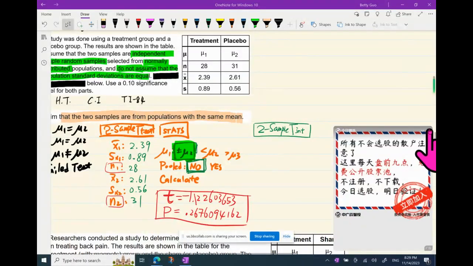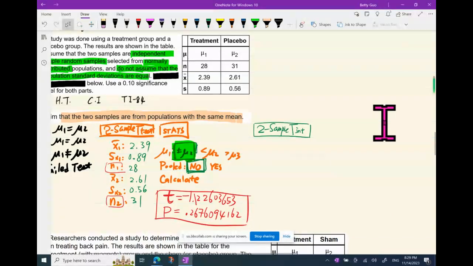That's what we're going to use for the confidence interval method. Let's select that two sample t interval, and let it stay as stats, right? There are two options, data and stats. We are on stats because we are given stats. We don't have the raw data.